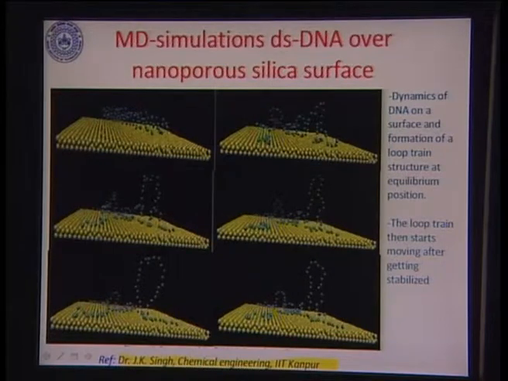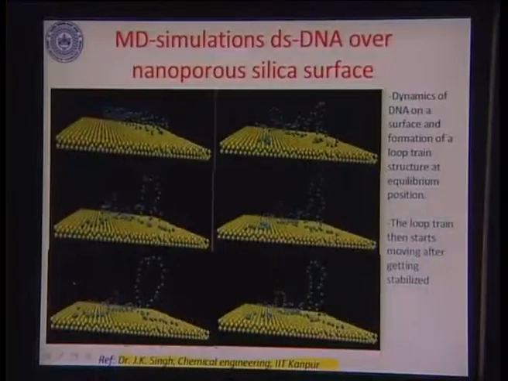So there are these trains here and there are these loops which essentially form. Now one interesting factor here is that the longer the DNA molecule is, the more would be the train part, or the adsorbed part, and one of the reasons why that is so is because the loops are essentially a bunch of different negative charges. So if the molecule is very long, you could consider that the charges are too much to be in the solution.